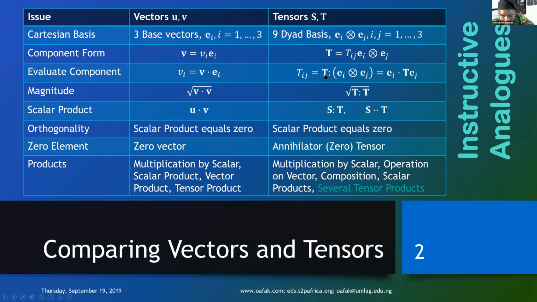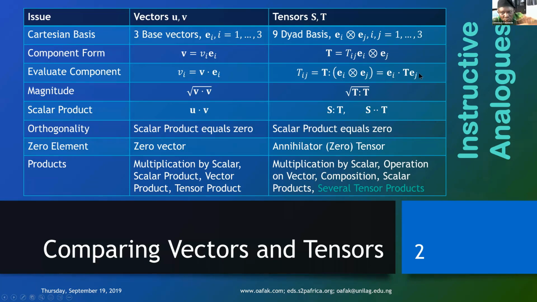If you have a tensor, and I give you any dyad base, you take the inner product with that dyad base, which is the same thing as Ei dot T Ej. For any choice of i and j, there will be 9 of these equations, and they will give you the 9 components.